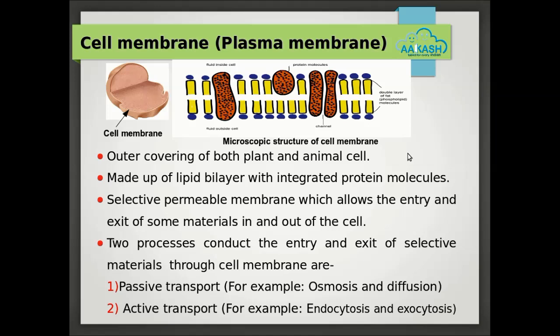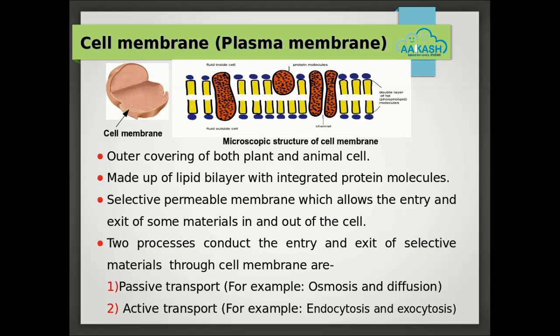Cell membrane or plasma membrane. The outermost cover of the cell is called the cell membrane or plasma membrane. It is a phospholipid bilayer structure embedded with protein molecules. It is a selective semi-permeable membrane which allows the entry and exit of essential materials.